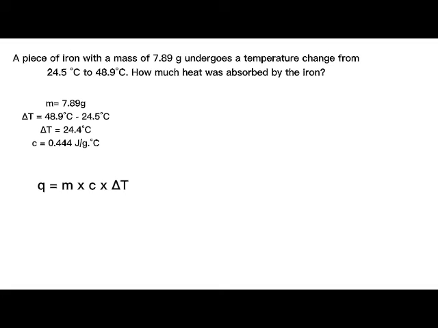Using the formula mentioned in the previous slide, we write 7.89 grams multiplied to 0.444 joules per gram times degrees Celsius multiplied to 24.4 degrees Celsius, and then we cancel similar quantity values, and then we multiply them, thus we get 85.5 joules. Thus, the answer to the problem is positive 85.5 joules since heat was being absorbed by the iron.